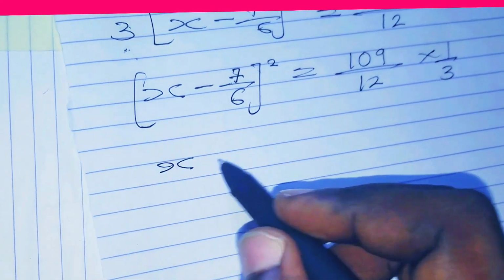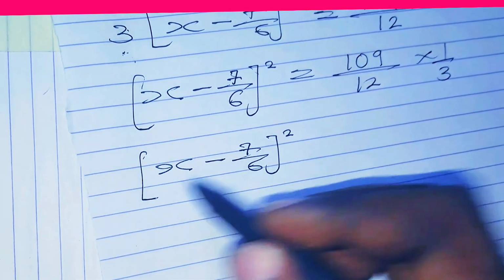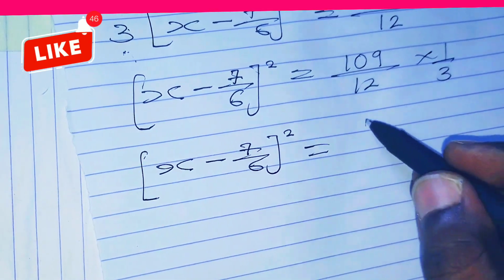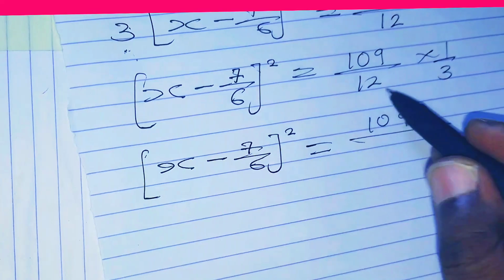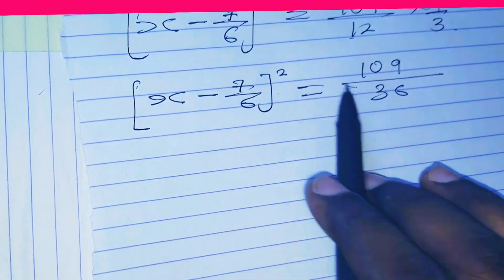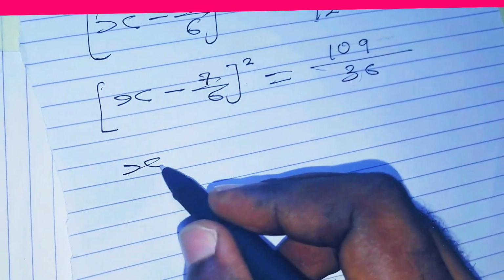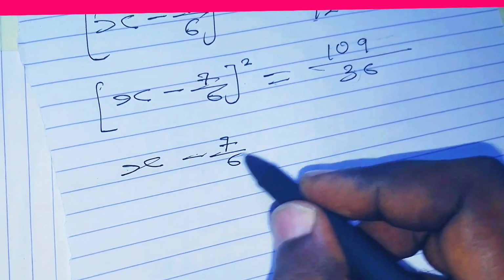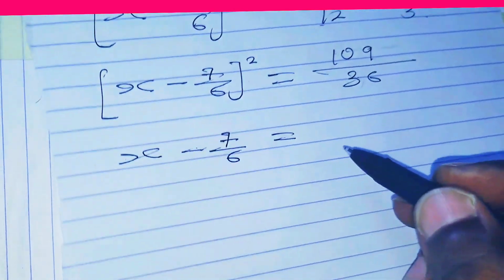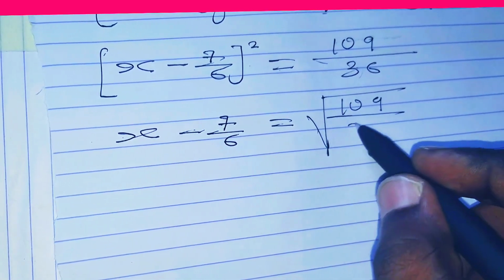And therefore, your x minus 7 over 6 squared, equal to 109 over 12 times 3, that's 36. So this square here has become a square root on the other side of equality sign. So x minus 7 over 6, equal to 109 over 36.